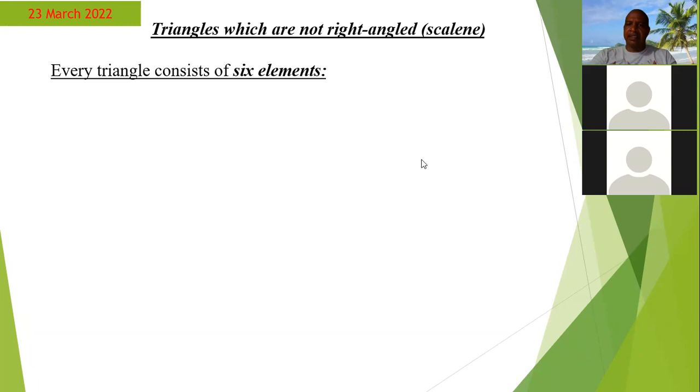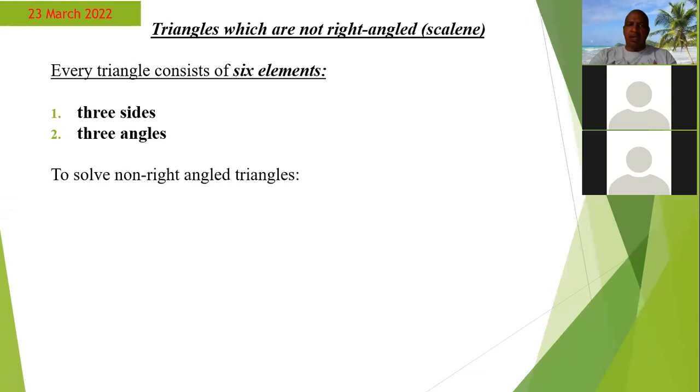The 6 elements do not only apply to scalene triangles. It is also applied to right angle triangles, any triangle whatsoever. So the 6 elements would be 3 sides and 3 angles. Every triangle would have 3 sides and 3 interior angles. Those are the 6 elements.